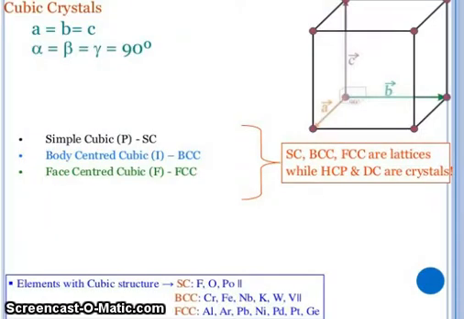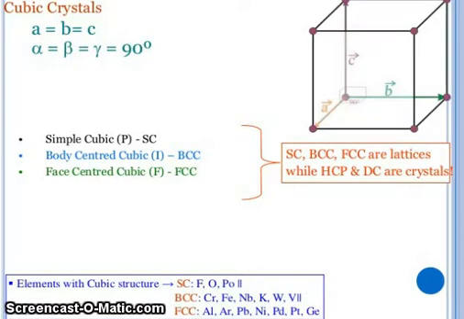Now friends, cubic crystal system: you know a = b = c, alpha = beta = gamma = 90 degrees. So simple cubic SC, body centered cubic BCC, face centered cubic FCC. So SC, BCC, FCC are lattices, while SCP and DC are crystals.